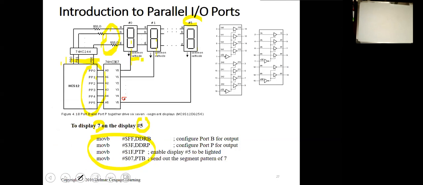We need to output 0, 1, 1, 1, 1, 1, such that this will force all the other displays to the off state, and this one will be turned on, and then we output the pattern that we want here. This is what is done by these few instructions.